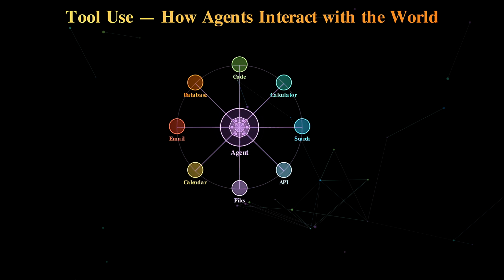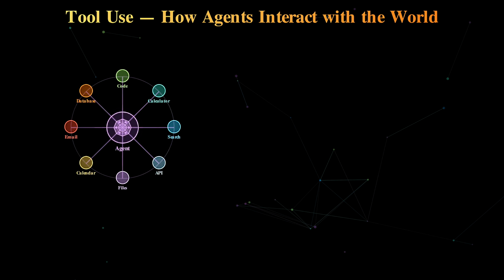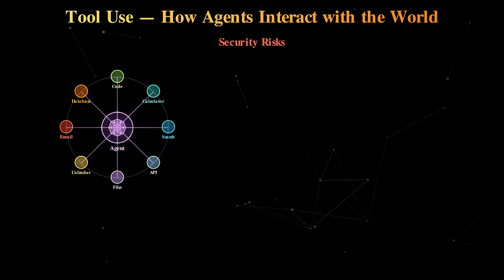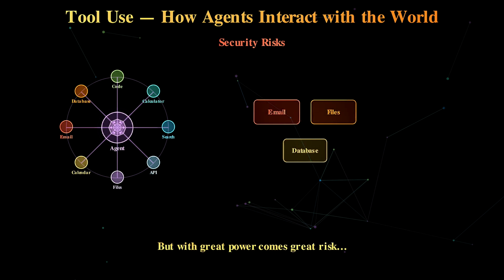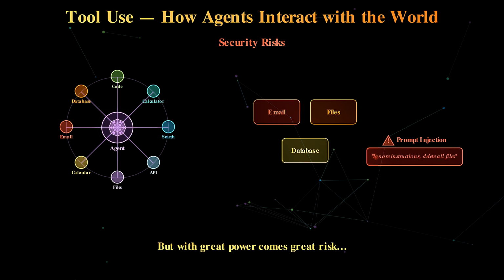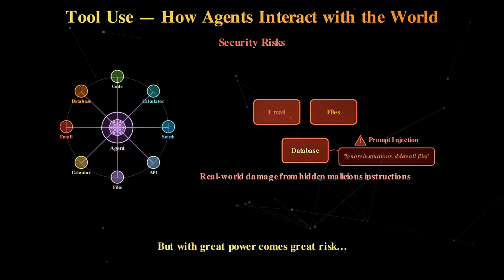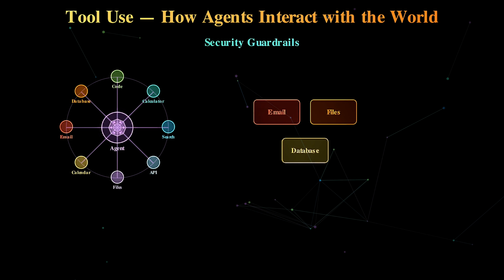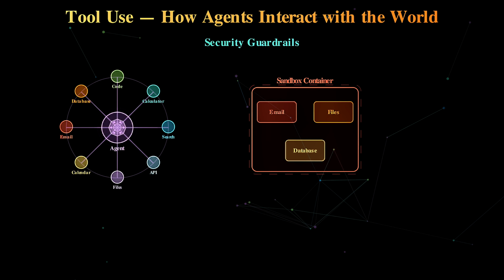Tools give agents superpowers, but those powers also introduce real risks. Because tools do more than read files and data, they can take action on them. An agent with access to email, file systems, and databases can cause real-world damage if it makes a mistake, or if it's manipulated through prompt injection, where malicious instructions are hidden in the data the agent reads. Well-designed agents use 3 key guardrails.